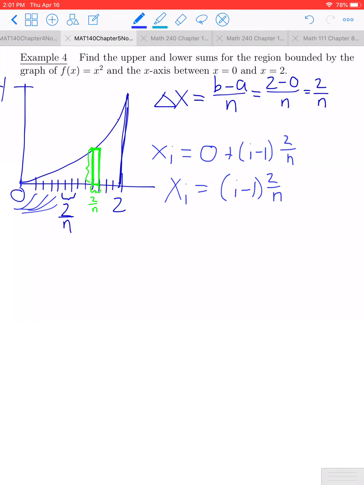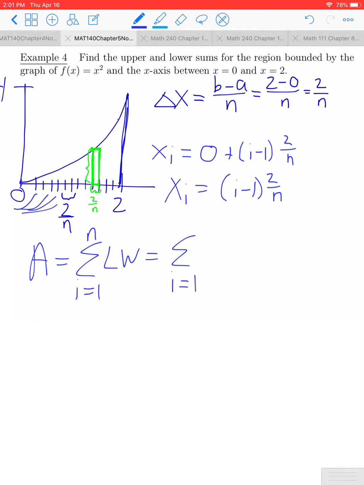And then just like what we saw last time, if we add up all of these rectangles, the area is equal to the sum from the first rectangle up until the last rectangle. It's going to be the sum from i equals 1 to n of the length times the width.